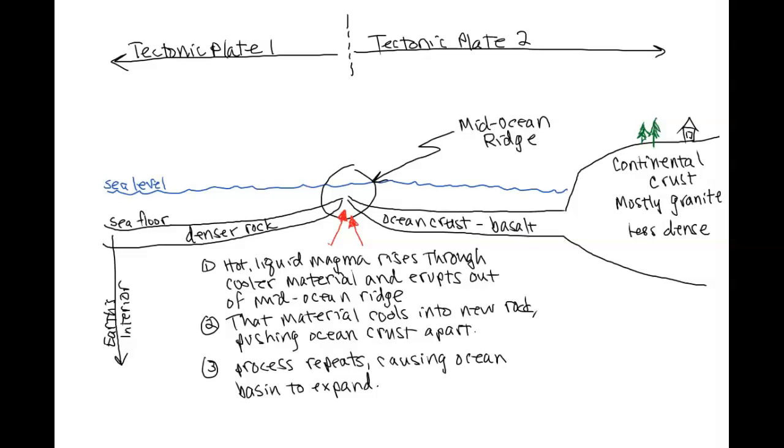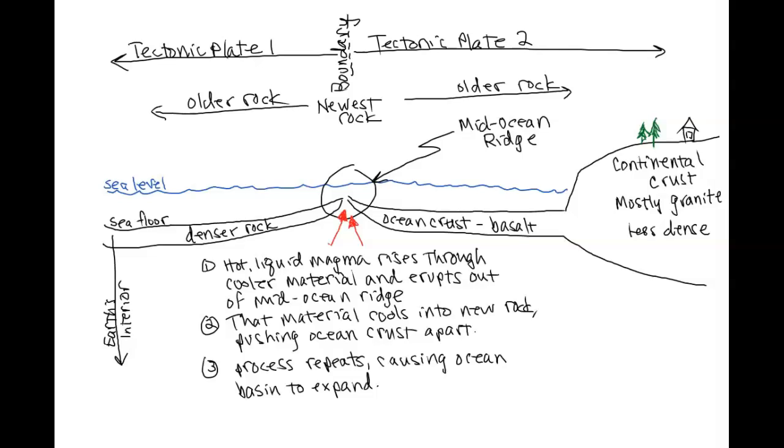And the boundary between them is at the mid-ocean ridge. So in terms of this rock, we've got the newest rock forming right at the ridge. And as you move away from the ridge in either direction, the rock gets older. So this is a boundary that is moving apart.